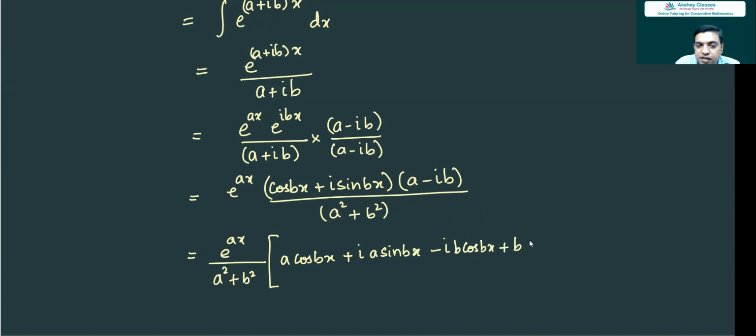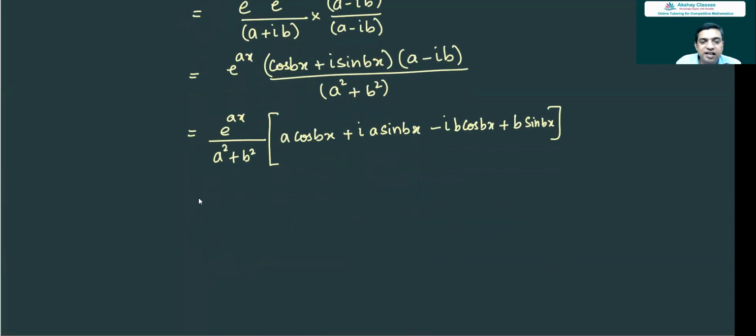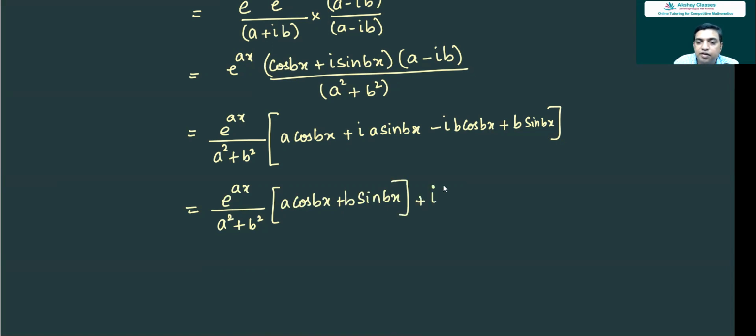So you get plus b sin bx. Now split the imaginary and real parts. We get e power ax upon a square plus b square times a cos bx plus b sin bx, plus iota times e power ax upon a square plus b square times a sin bx minus b cos bx.